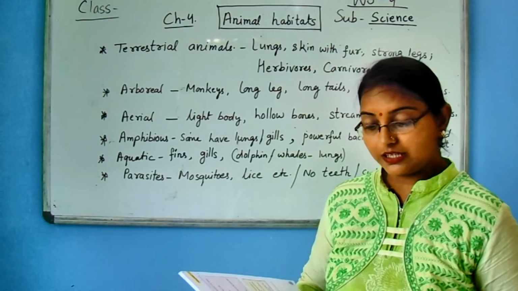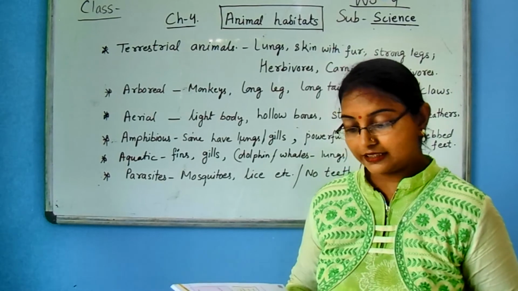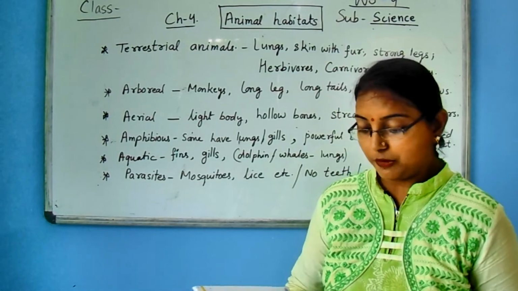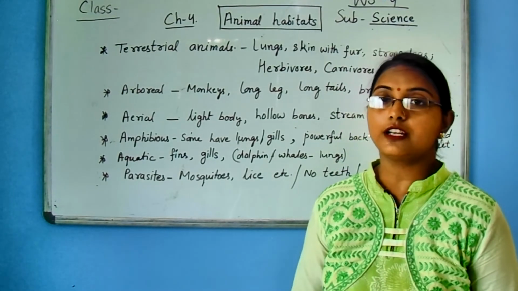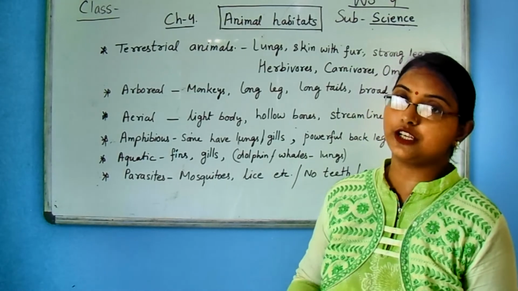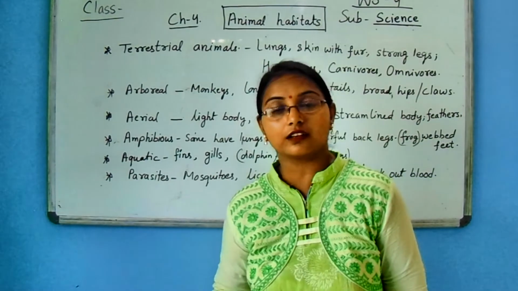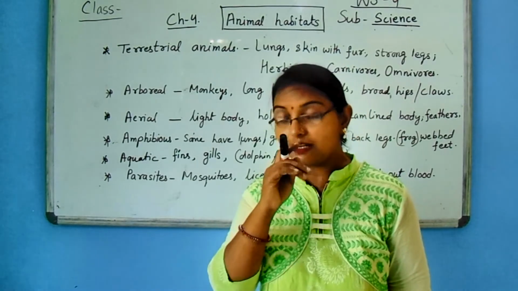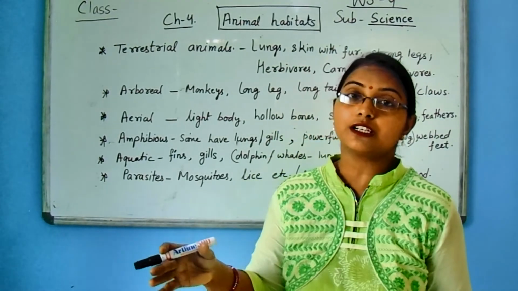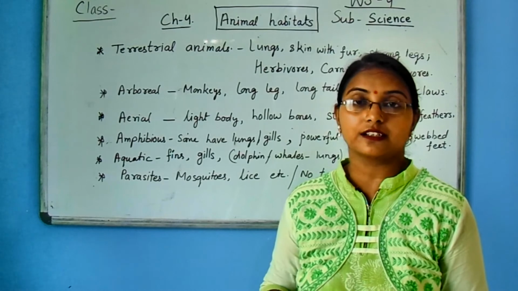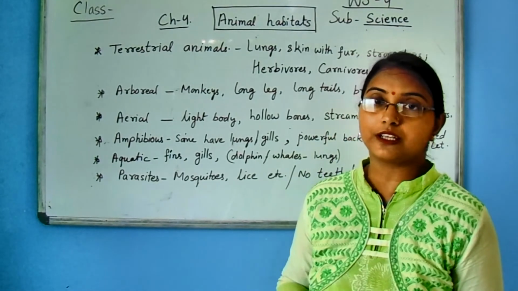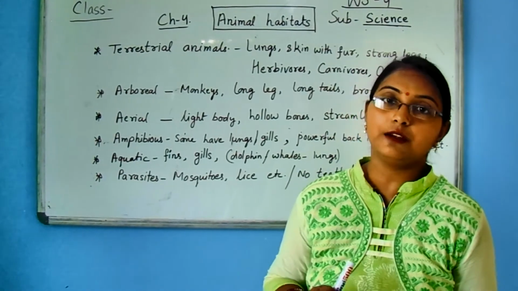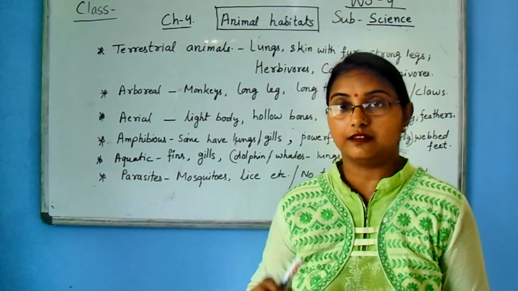The chameleon is a kind of lizard that can even change its color according to its surroundings. They can change their shapes and colors and merge into these surroundings. So these are the properties that help an animal protect itself.